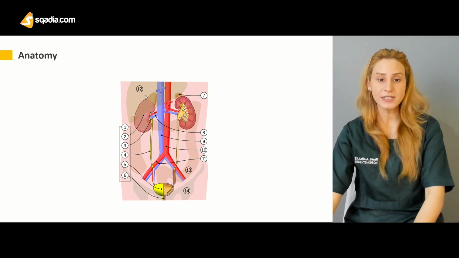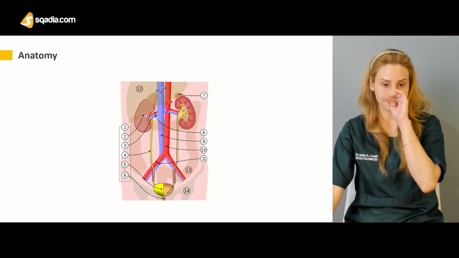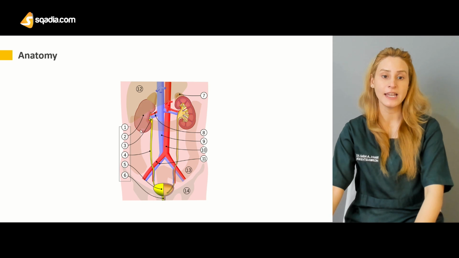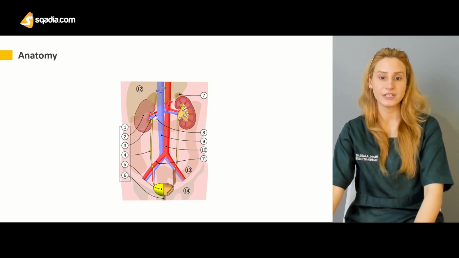You can see here, if you look at number 7, this is the adrenal gland. Then you have the renal artery at 8, and this is the renal vein directly entering the IVC. Then you have the renal artery, which is coming from the abdominal aorta.